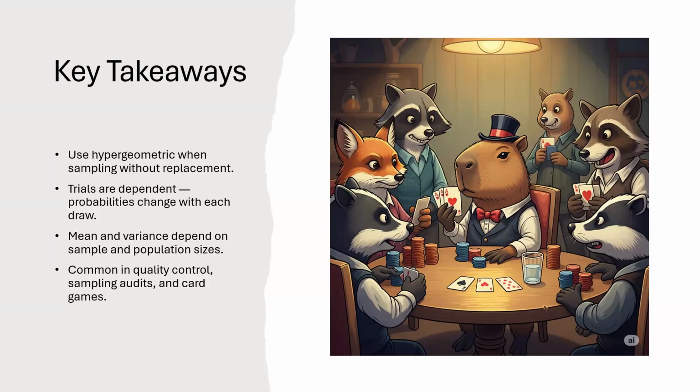Use the formula or technology to compute probabilities, and don't forget the finite population correction in the variance. If you're drawing a hand of cards, surveying a small class, or running covert missions at SHIELD, the hypergeometric model gives you the precision to predict outcomes.